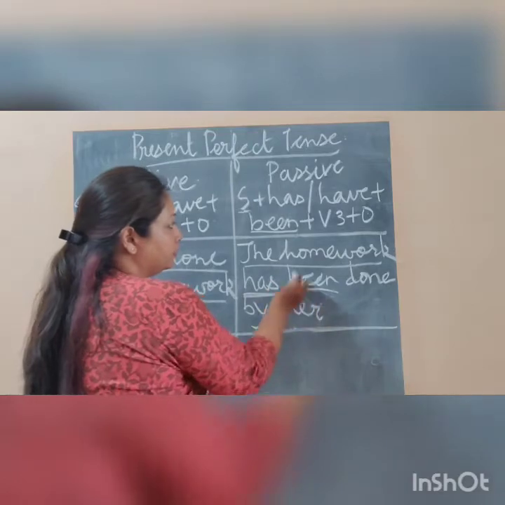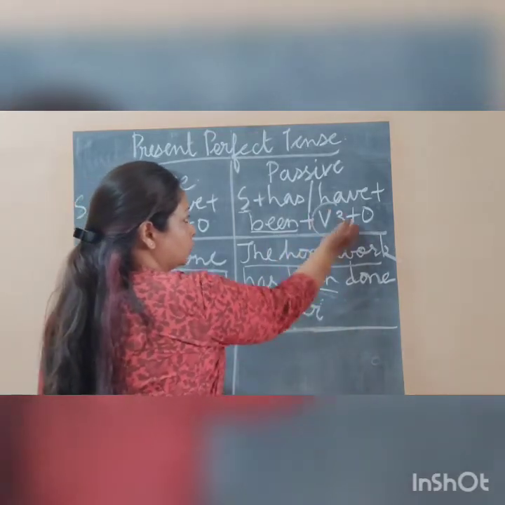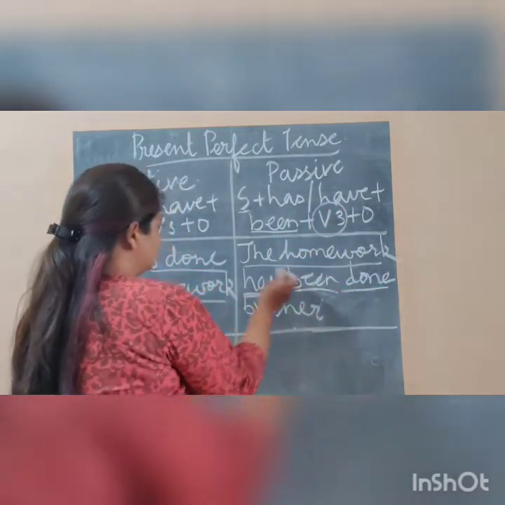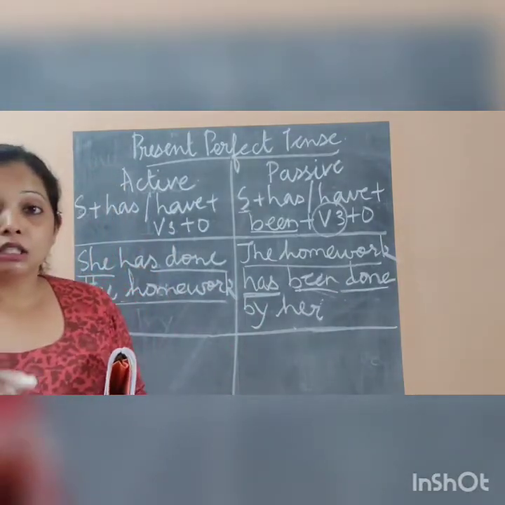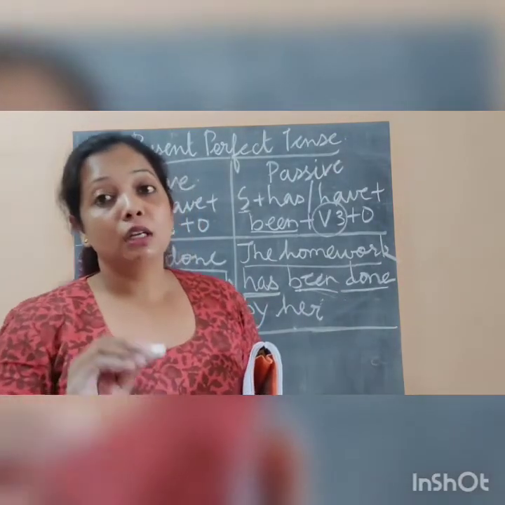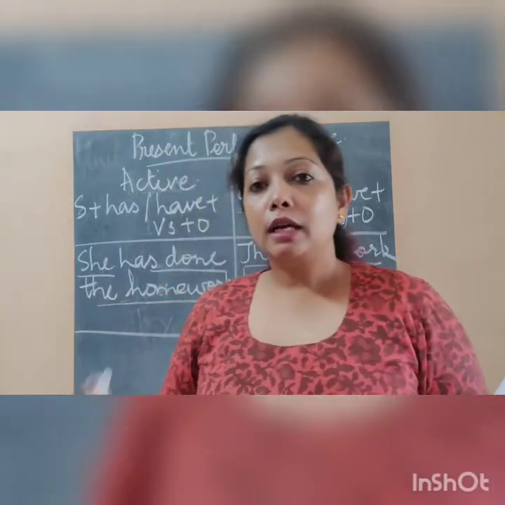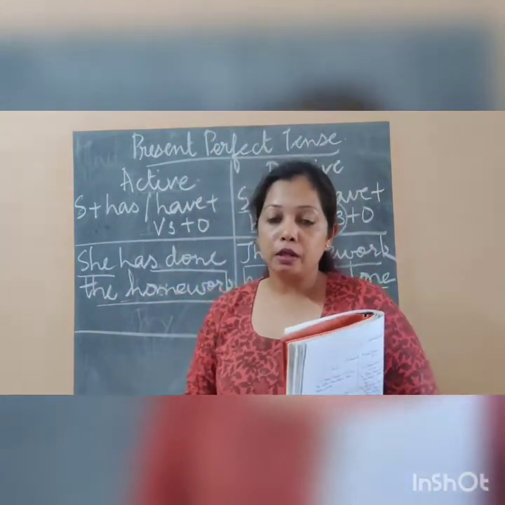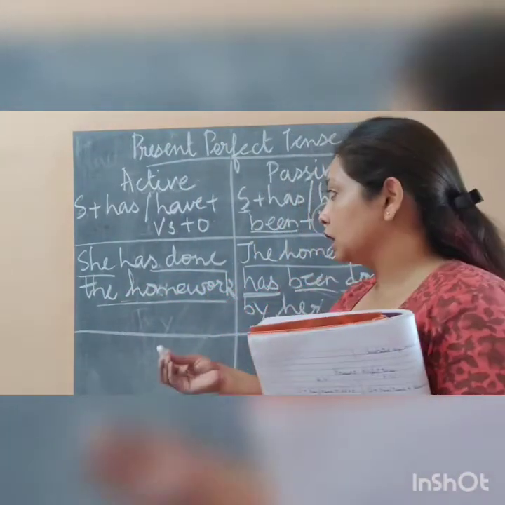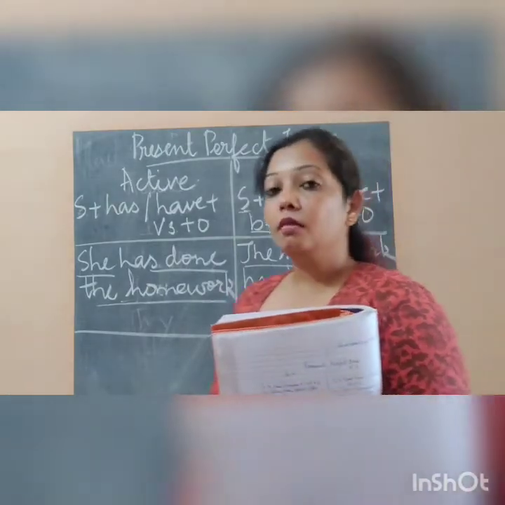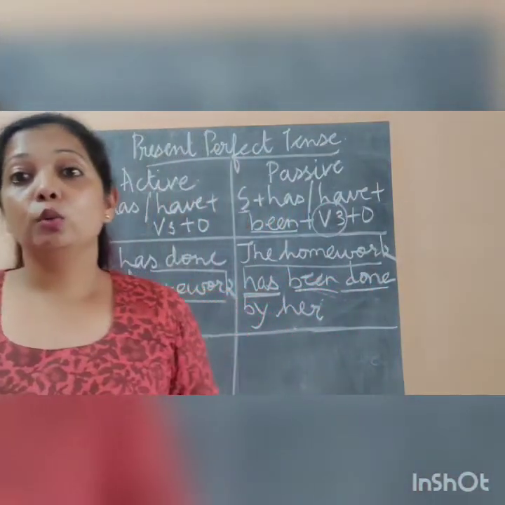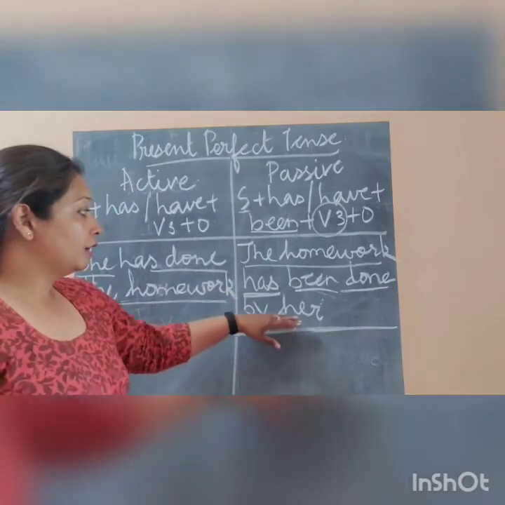Then the verb's third form, "done", is already given here, so the same will be copied because that is the past form of the verb. And then it is converted into "by her".